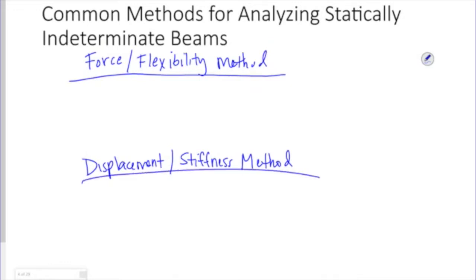The force and flexibility method is one in which you don't know the forces. You don't know reactions. Whereas the displacement method, you don't know displacements.